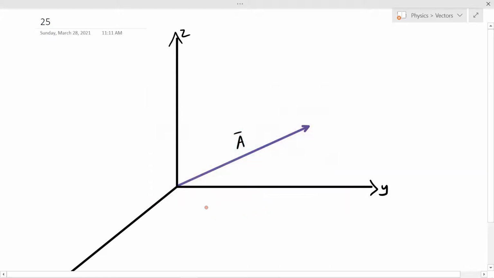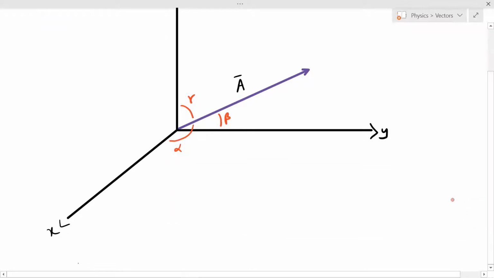Let's say the angle between the vector a bar and the x axis is alpha. The angle between a bar and the y axis is beta, and the angle between a bar and the z axis is gamma.